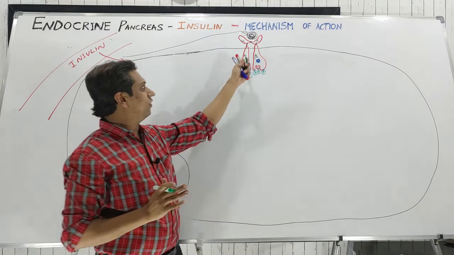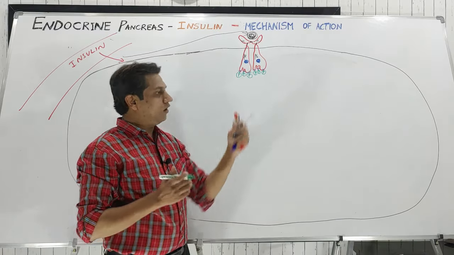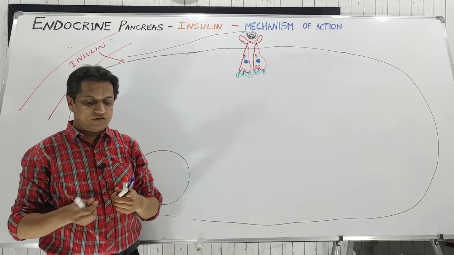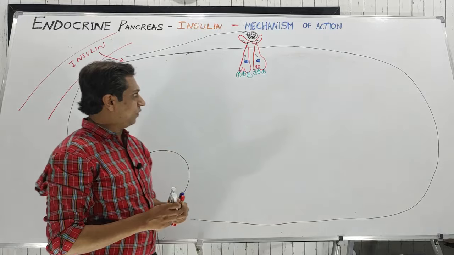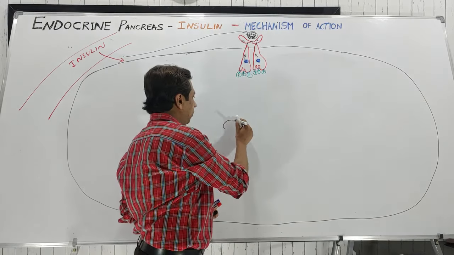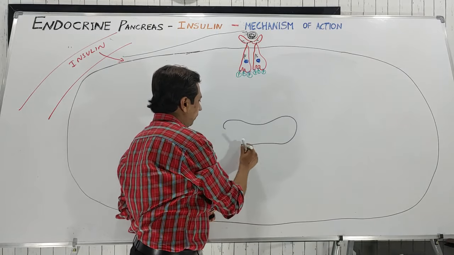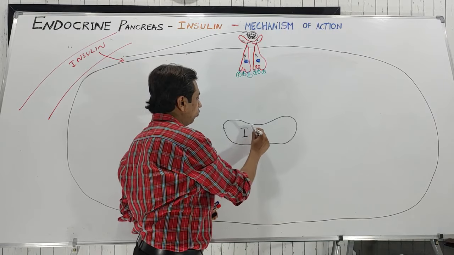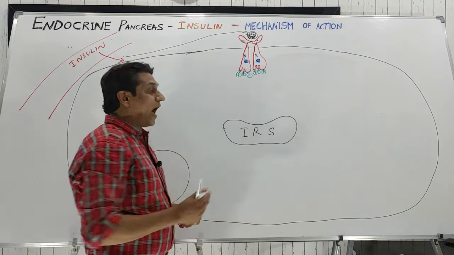Okay, so once these beta subunits get phosphorylated, inside the cytoplasm there is one protein known as insulin receptor substrate, or IRS.